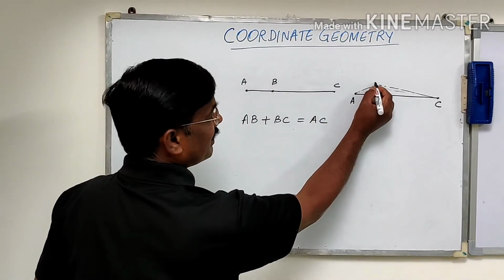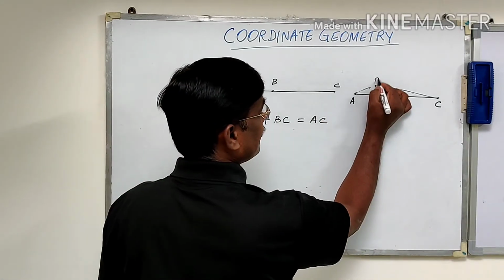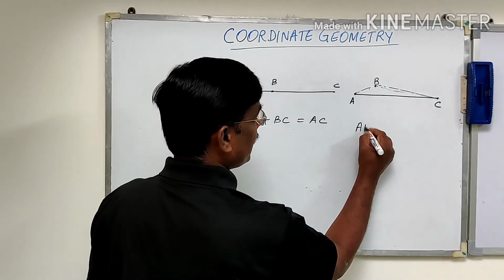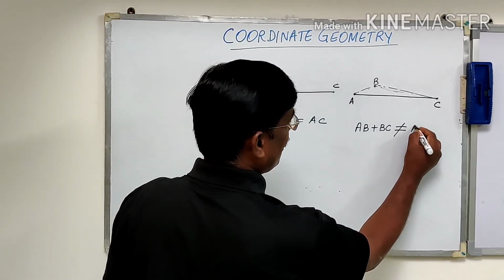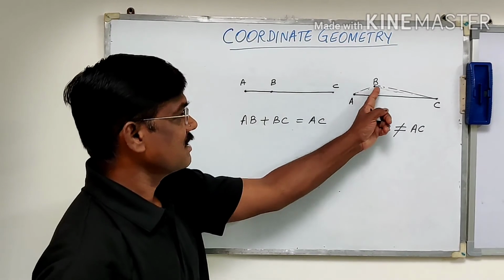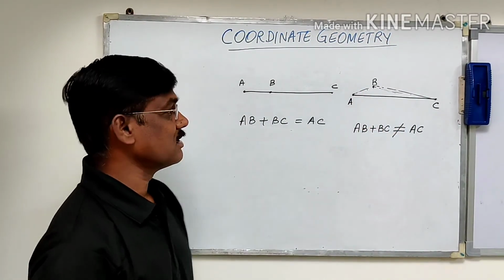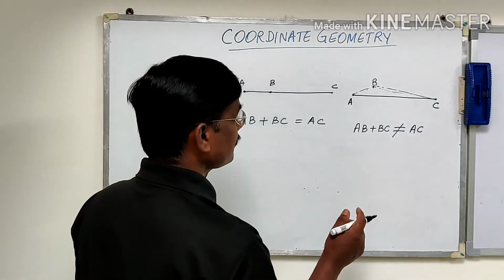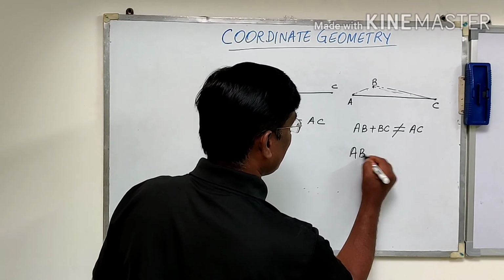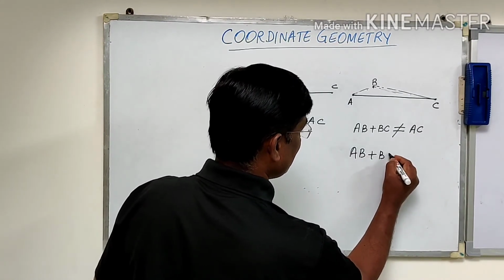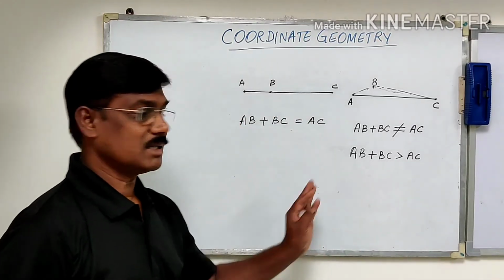Then in this case, AB plus BC is not equal to AC because this is a triangle. One of the properties of a triangle is that AB plus BC is always greater than AC. This is the property of a triangle.